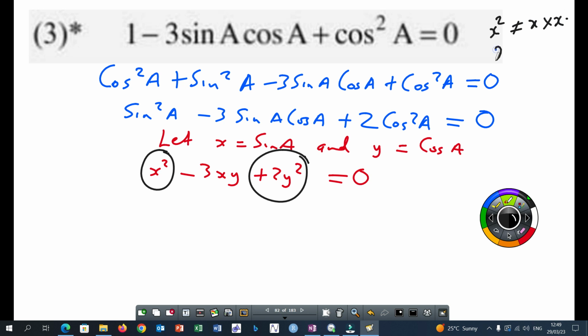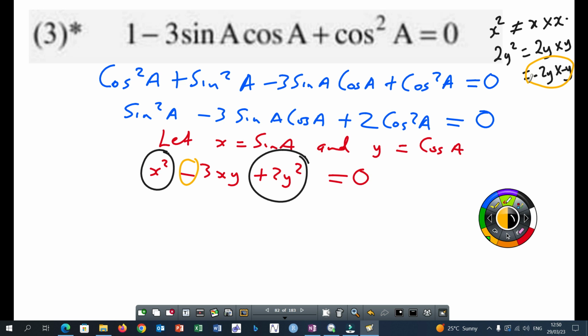And then 2y squared has two possibilities: positive 2y by y, or negative 2y by negative y. Because here we have this minus, the second option will be the appropriate one.